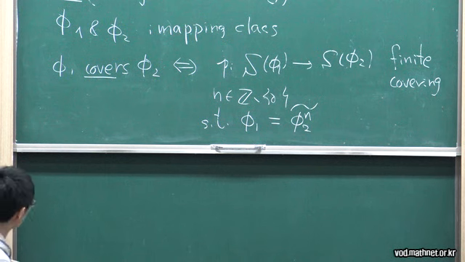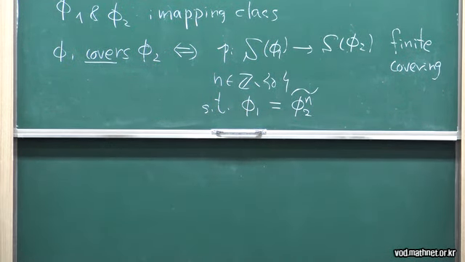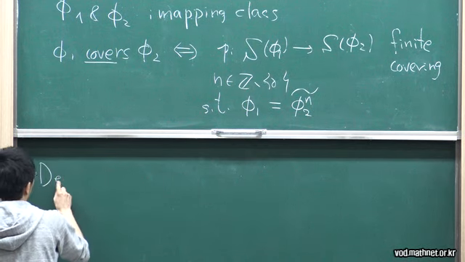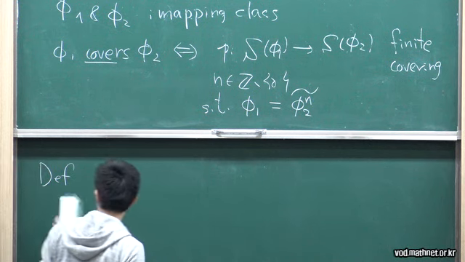And if we have a covering relation, then we can define commensurability. So in this way, we can actually discuss the symmetry of mapping classes.